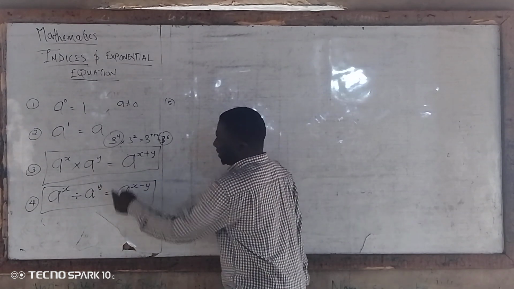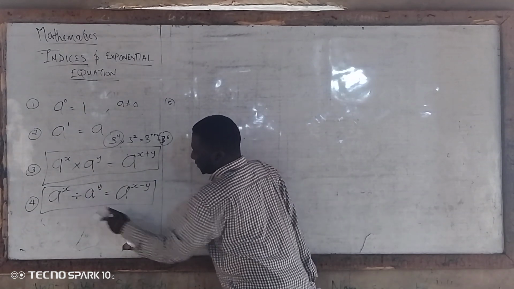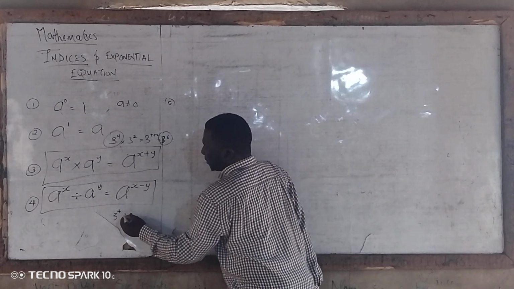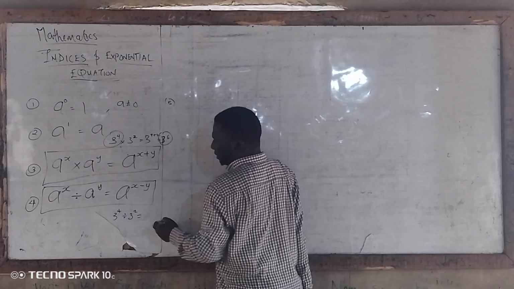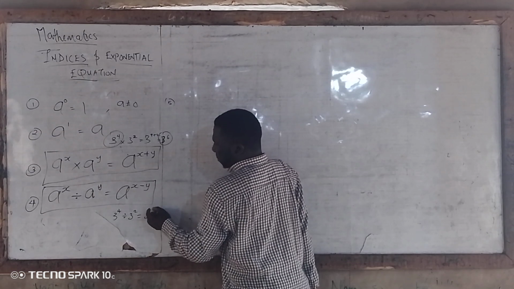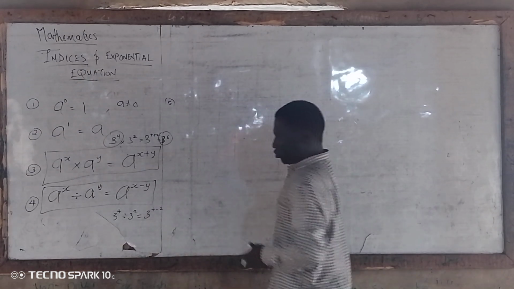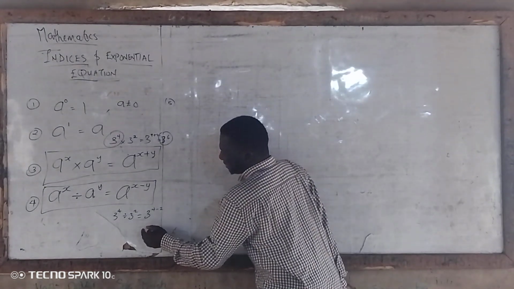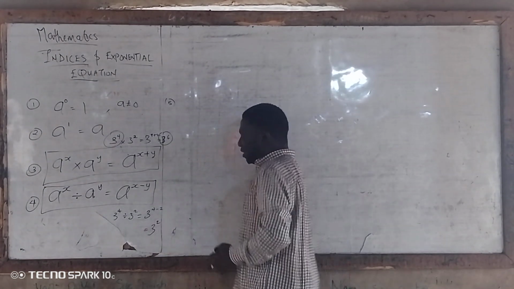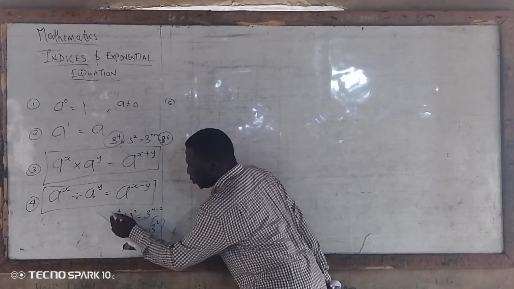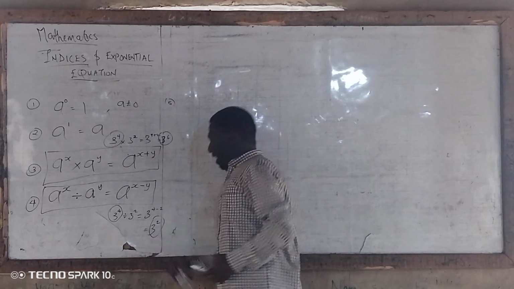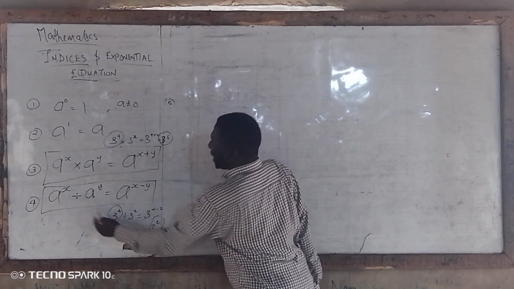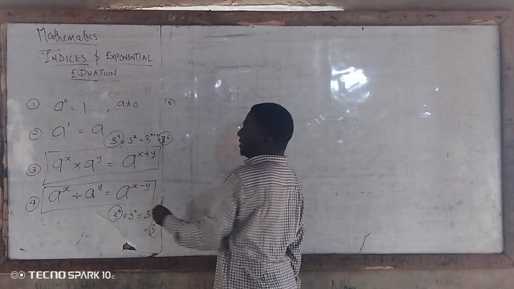But if it were to be the negative case, division, that's 3 raised to power 4 divided by 3 raised to power 2, it will be 3 raised to power 4 minus 2. Are you following? And in that case, your answer will now be 3 raised to power 2. So compare this 3 raised to power 2 to 3 raised to power 4. You realize that it gets smaller. The answer gets smaller when you are dealing with division, and when you are dealing with multiplication, it gets bigger.